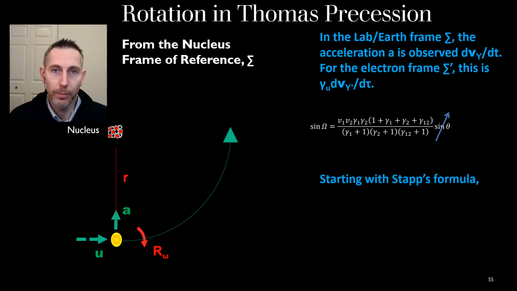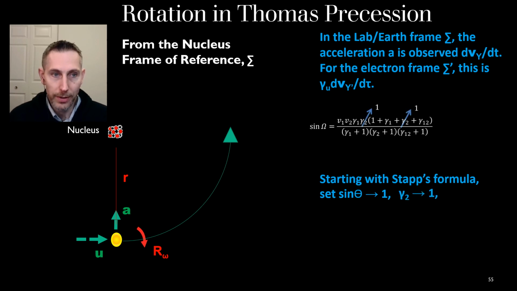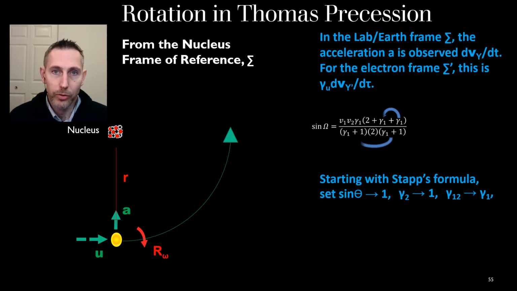Starting with Stapp's formula, sine theta approaches unity. Gamma 2 approaches unity, and gamma 1, 2 approaches gamma 1. Simplify the equation by factoring out the terms. V1 is the momentary tangent speed, u.